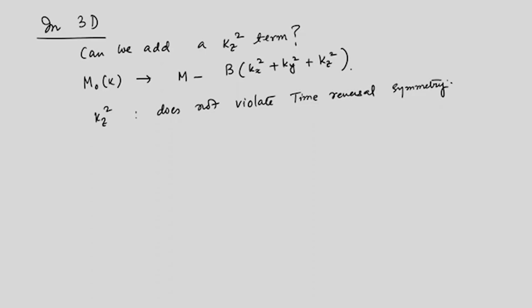But this is not going to solve the problem, and why it is not going to solve the problem is the following. If you take a particular value of kx and ky, that is, you freeze kx and ky, then this m0k takes a form which is equal to m minus b kz square, and this term, of course, does not break the time reversal symmetry, but the Hamiltonian remains gapless.